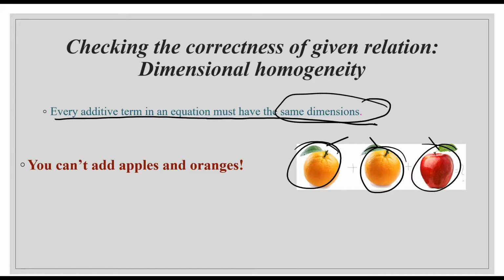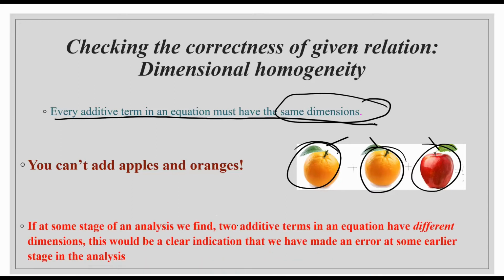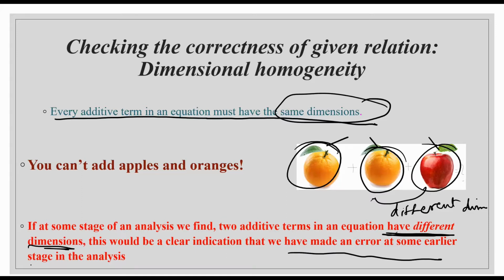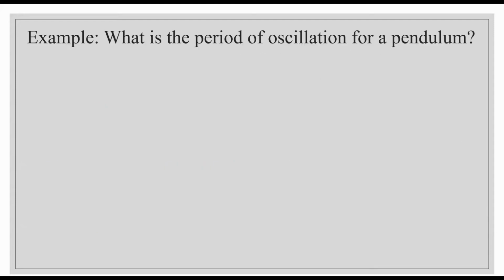But if you see that additive terms have different dimensions, then you have made an error at some earlier stage of analysis. It would be a clear indication that if you are adding two terms of different dimensions, you have made some kind of error.